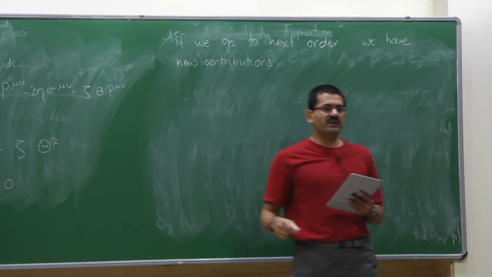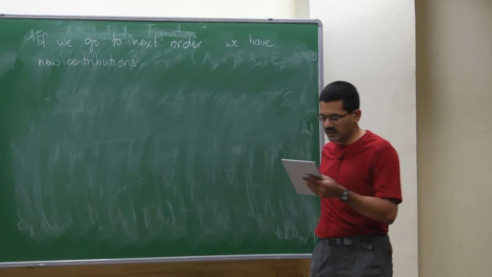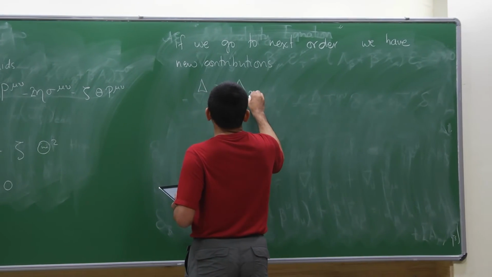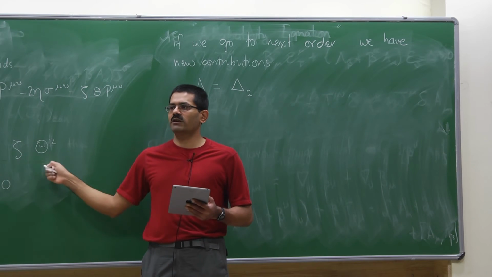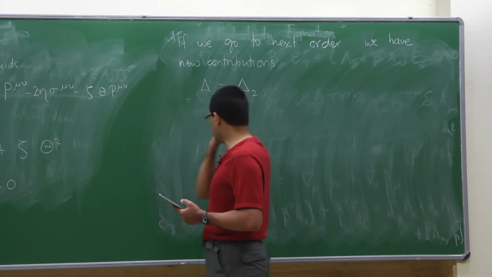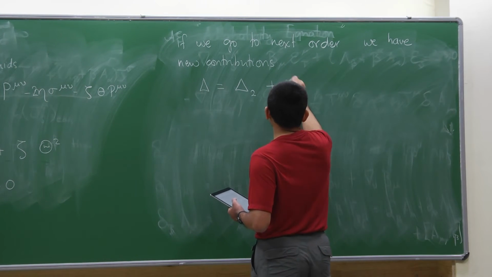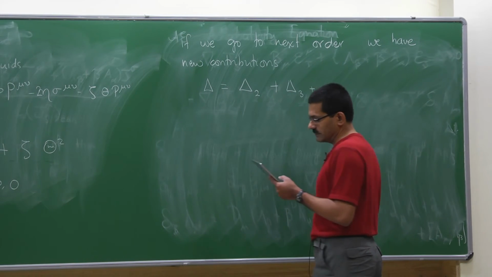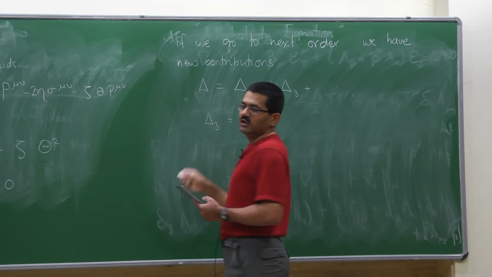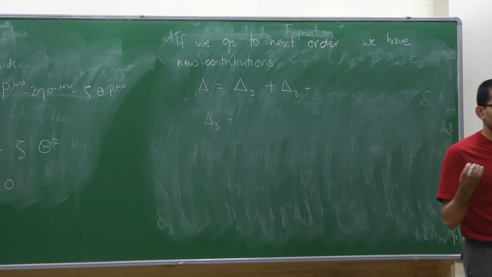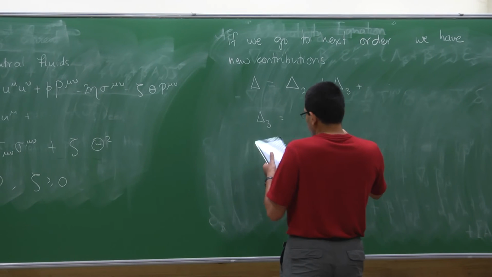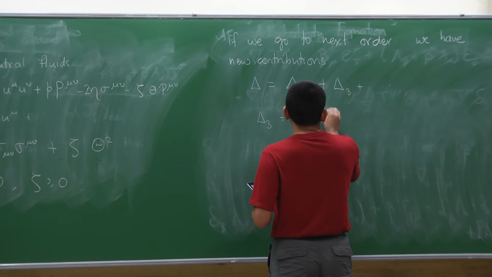I will convince you momentarily, more formally, what this set of terms will look like, but basically the logic is that delta here starts out at second order in derivatives. It starts out as sigma squared and theta squared, each has two derivatives, and then there is some 3 derivative object and so on. So for example delta 3 is some scalar built out of 3 derivatives, and you can quickly convince yourself that there are only so many choices.